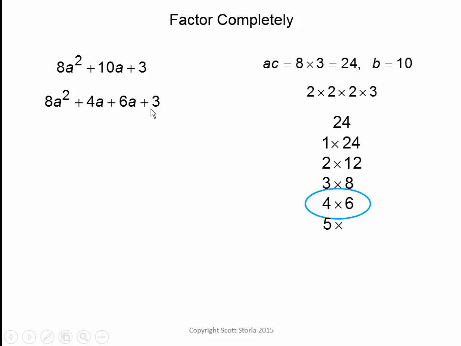Now I factor by grouping, and then I multiply to see if I get my original trinomial back. This will give me 8a squared. This will give me 6a plus 4a, which is 10a, and this will give me 3.